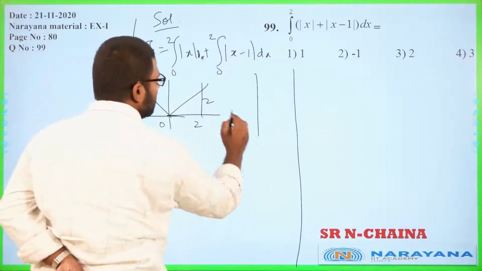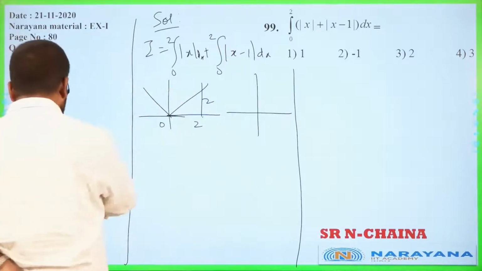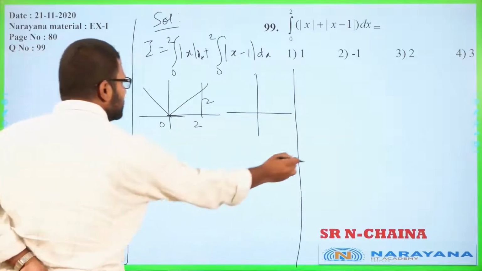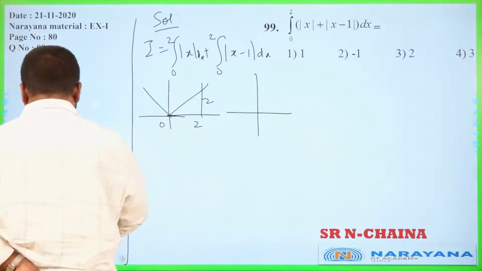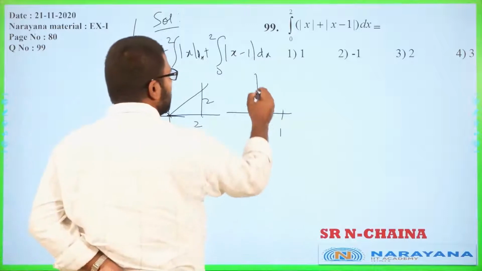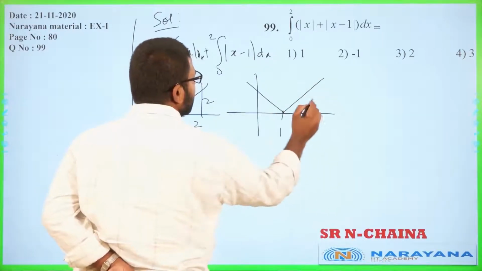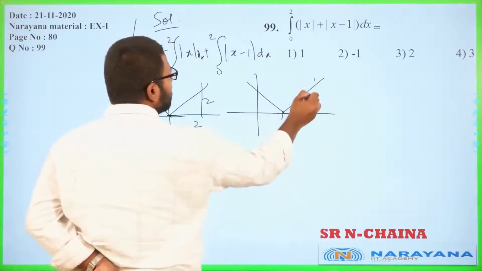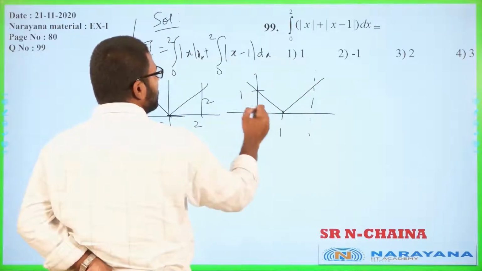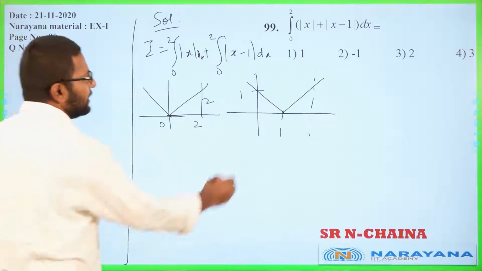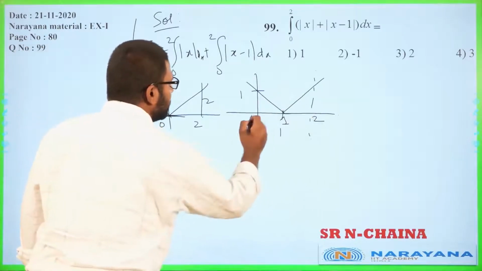The second one, just be slightly careful, the graph will shift towards the right by 1 unit, right. If this is 1, then your graph will go like this, and we are integrating from 0 to 2, this value is 1, okay, this is 1, 2.